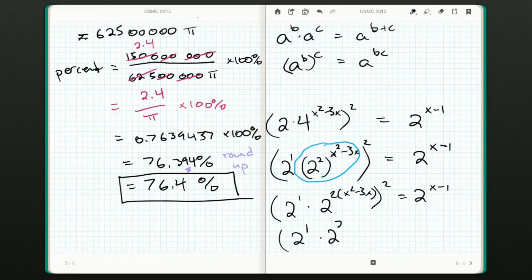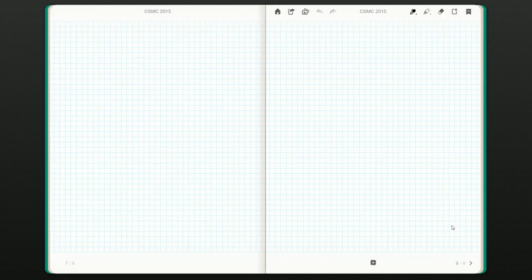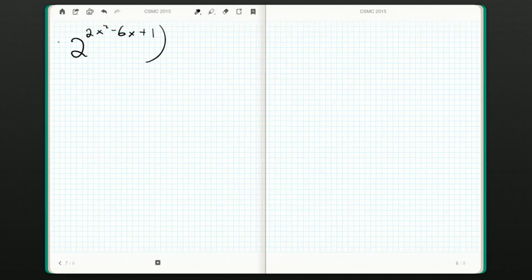Then we've got 2 to the 2x squared minus 6x, all of that squared. Now inside the brackets, I've got 2 to a power times 2 to a power. Well, that's this first rule here. It says we can add these 2. So we really just add 1. We've got 2 to the 2x squared minus 6x plus 1. All of that's being squared, and that's the same as 2 to the x minus 1.